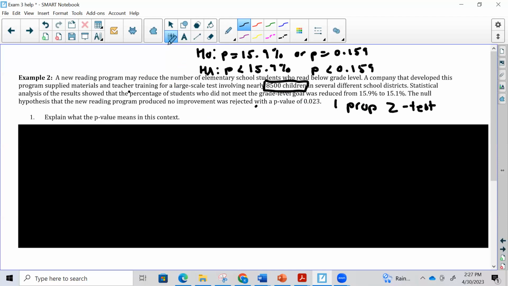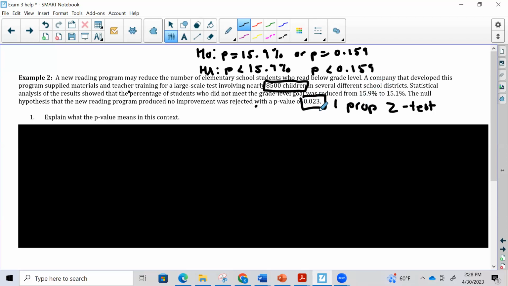So if I want to explain what the p-value means, we would say this is the probability of getting the results of this sample or more extreme. So it's the probability of the test scores being reduced to 15.1% or lower, given that the original percentage of students who did not meet grade level is 15.9%.